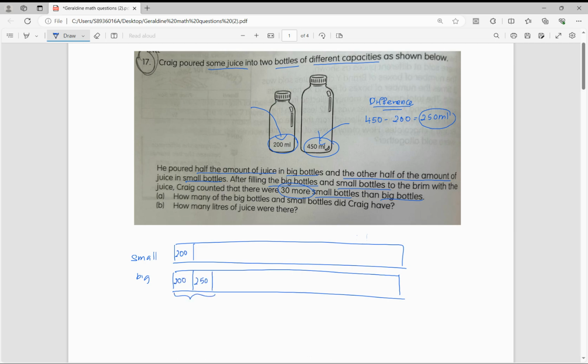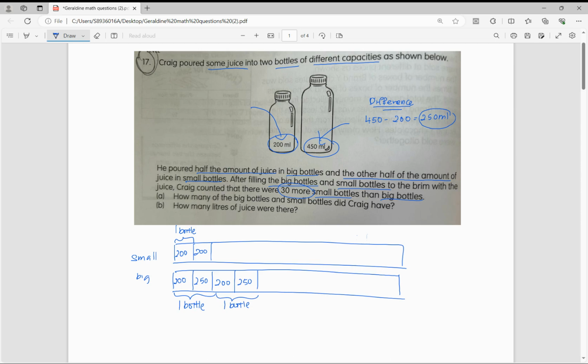This is one bottle in the big one, and this is one bottle in the small one. Then the next one, every small is a 200 and every big is a 200 and a 250, and so on and so forth here.